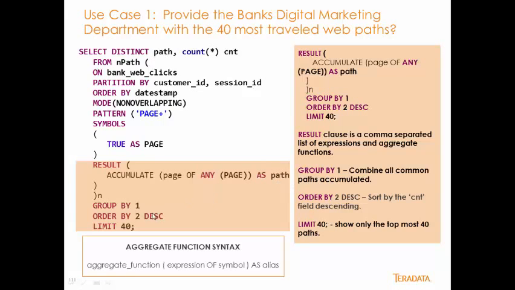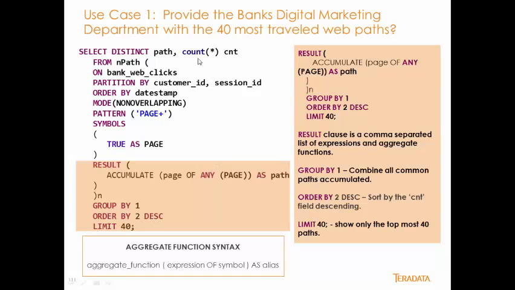And then we have a group by one, which says collect all my similar paths together, much like a group by statement would work in ANSI SQL. So we're collecting all the similar patterns and looking at the entire population of our data set for accumulation of that path and of the people on that path.